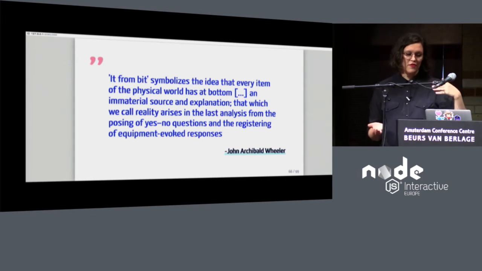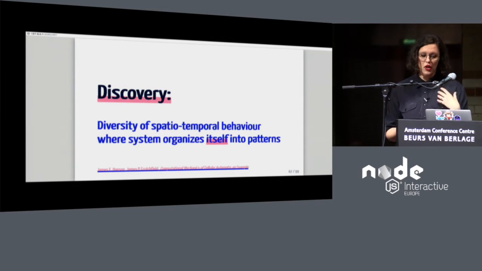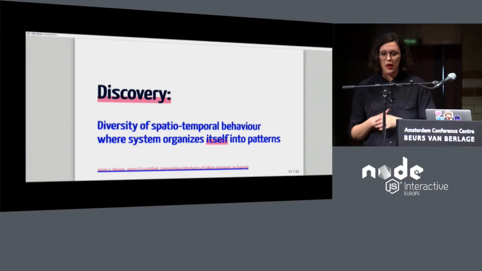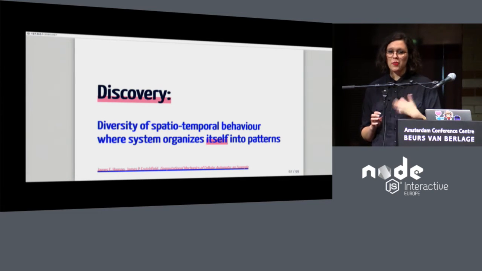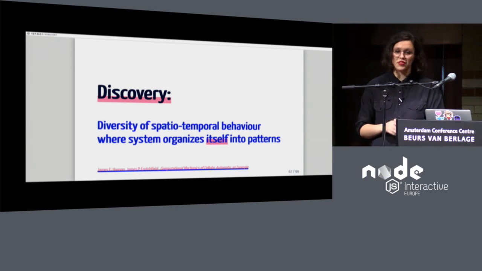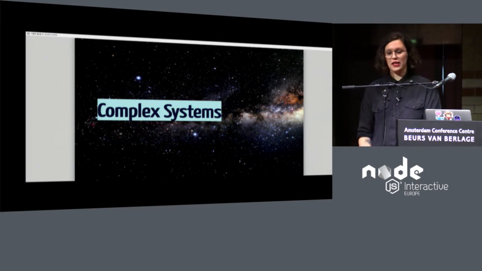So let's go back to the fact that, given these particular patterns, we were looking into these incredibly diverse spatio-temporal behaviors, and the fact that the system is organizing itself into patterns, which, given the simple rules that automata follow, gives us very complex systems in the very end.